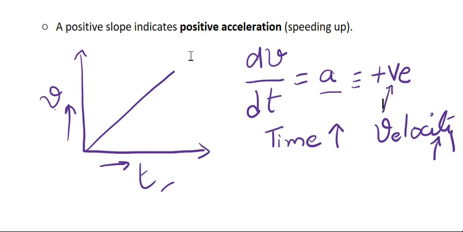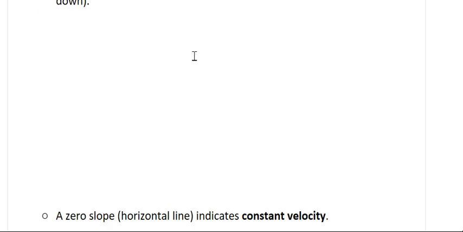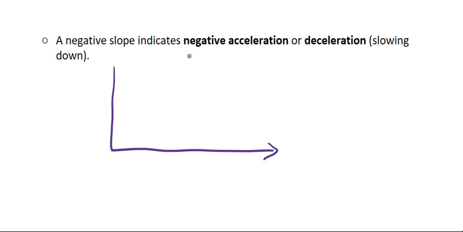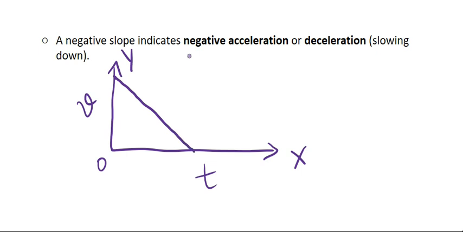Just like this, the graph can have negative slope also. That means with increase in time, as we move along the time axis, if the graph is somewhat like this, this represents a graph having negative slope.